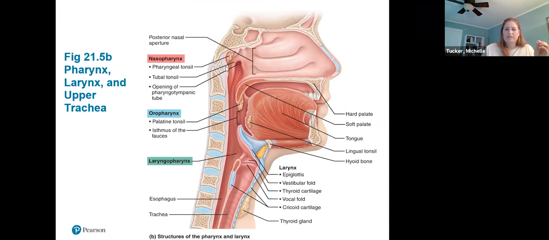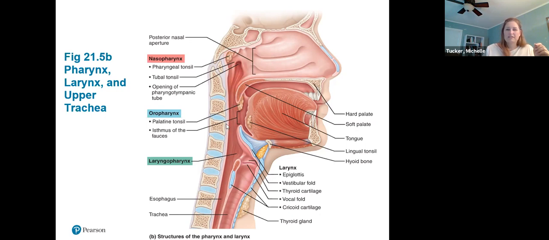The nasopharynx should be only for air. And then during swallowing, the uvula moves up and blocks it off. But if people start to laugh, this becomes leaky, and that's why, with little kids, milk will go out their nose because this didn't seal correctly. But normally, the nasopharynx should be just for air.